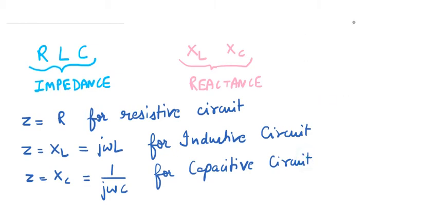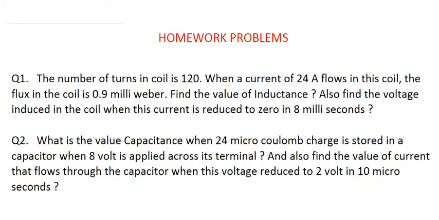That's all for this lecture. I have tried to cover every possible topic related to the basics of inductor and capacitor. Now, there are two homework problems. Question number 1: the number of turns in the coil is 120, and when a current of 24 ampere flows in this coil, the flux in the coil is 0.9 milliweber.